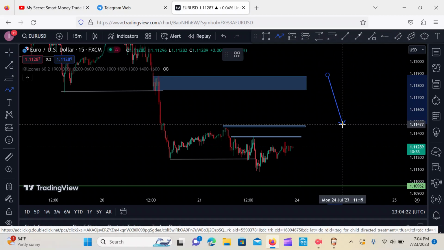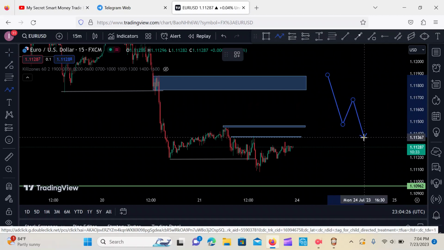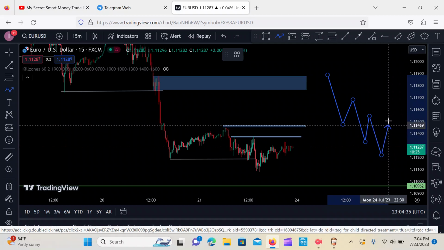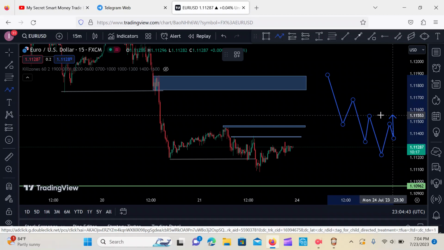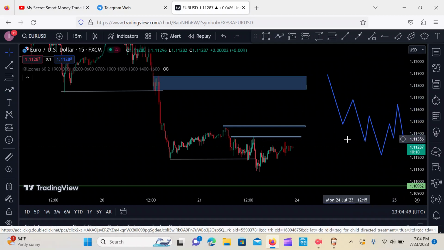We have a downward trend, price pushes up, we have a break of that structure, price pushes up, another break of that structure. So if we have this break of structure, I mean the price breaks above this high, there's a possibility price might come back here again.